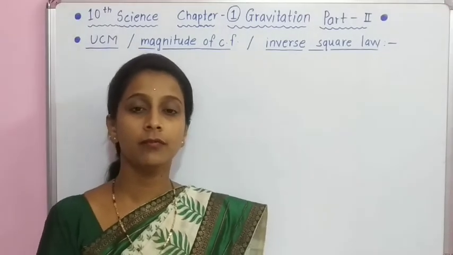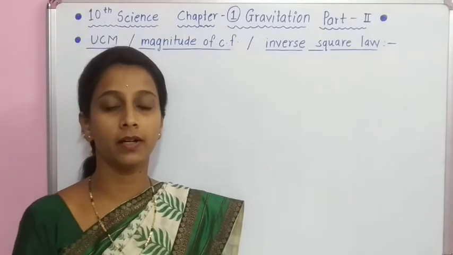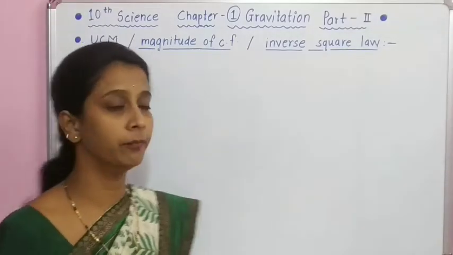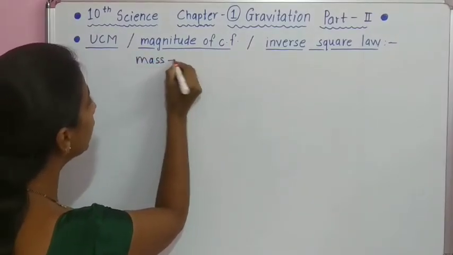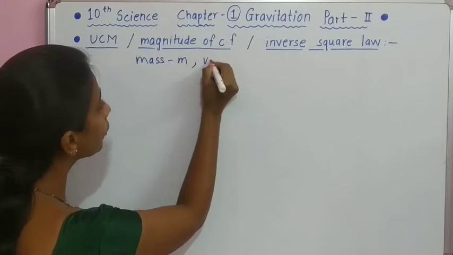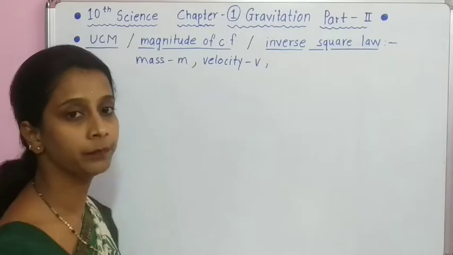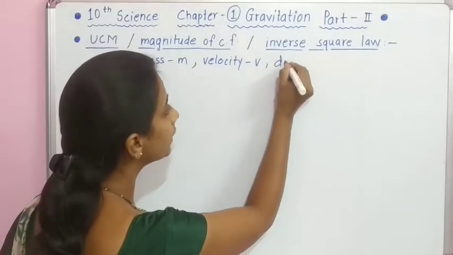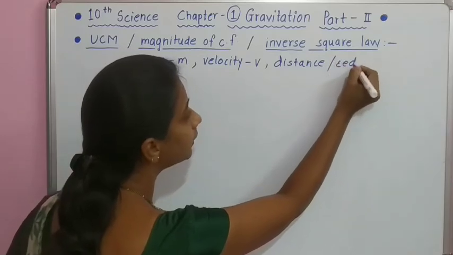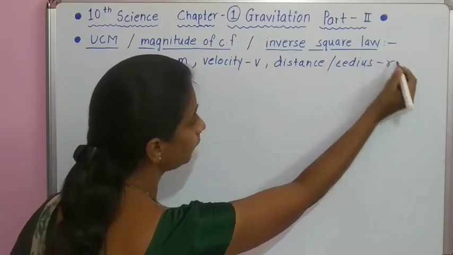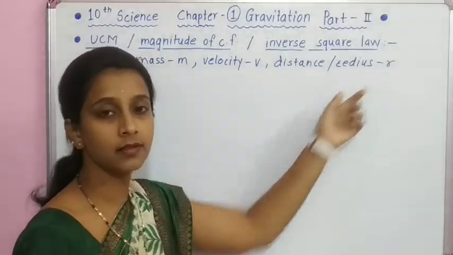Now students, we will consider an object moving along a circular path, having mass m, velocity, that is speed of the object, v, and the distance of the object, or we can say the radius, as this is a circular path, that is r.